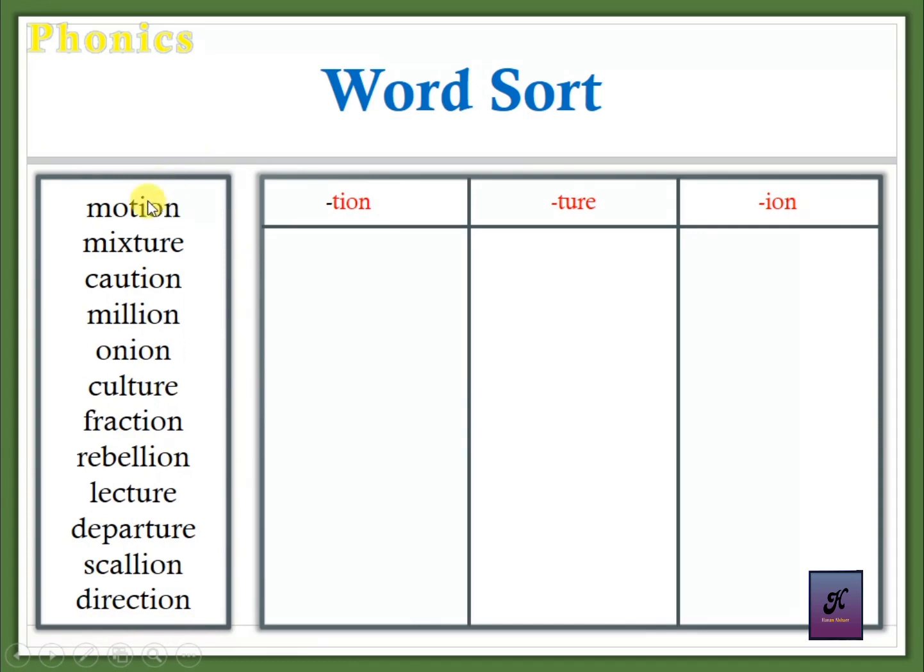Now I want you to take the words from here and list them under the right syllable. Motion, will it go under shin or chur or yin? So I want you to focus on it. I want you to pause the video a little bit and write it on a paper and list each word under the right syllable and show it to me so I can fix it for you.